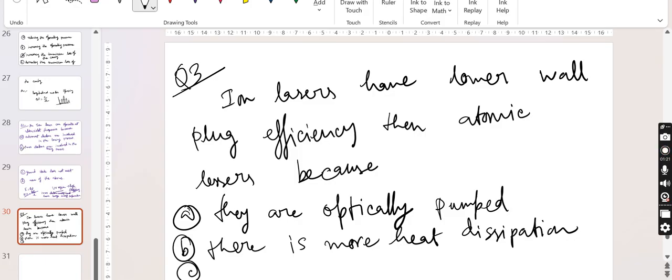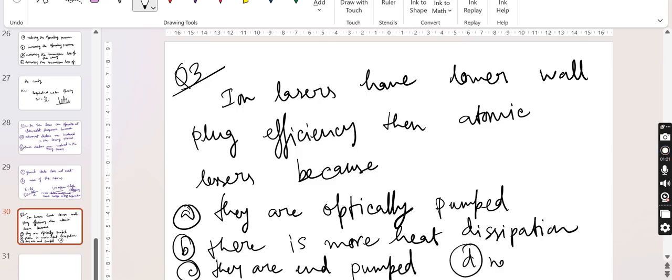C, they are end pumped. D, none of the above.